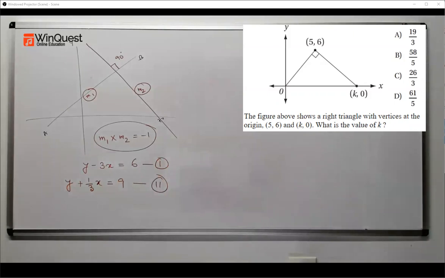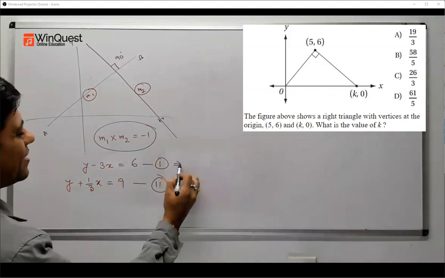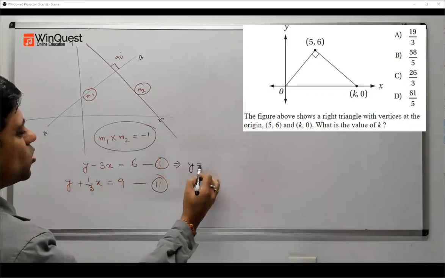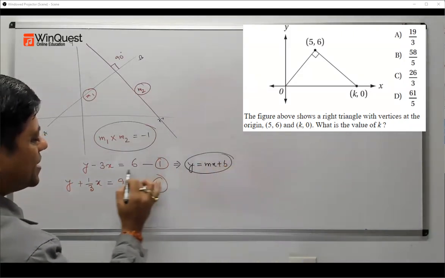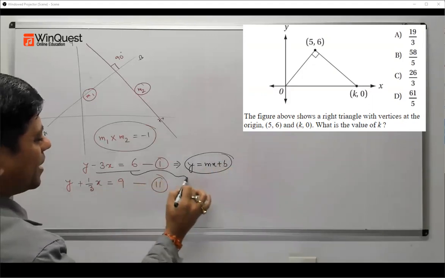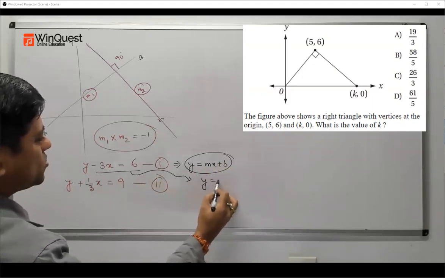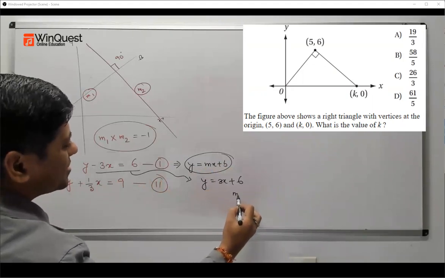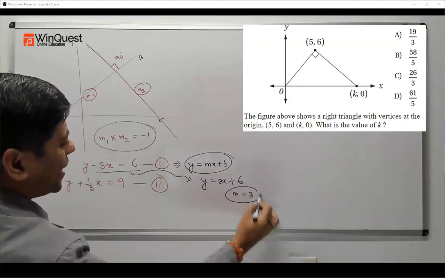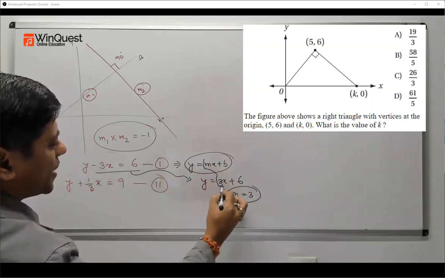If I transform the first in y equals mx plus b format, this line becomes y equals 3x plus 6, so its slope is 3.